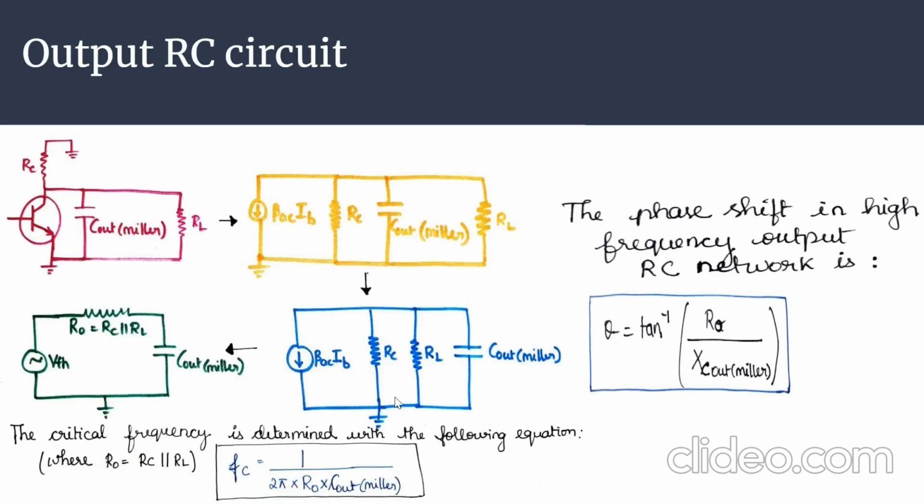This circuit is further simplified using Thevenin's theorem, where the output resistance is RC parallel with RL and the output capacitance is C out Miller. Using this, we can obtain the critical frequency, that is 1 by 2 pi into R naught into C out Miller. Further, the phase shift in the high frequency output RC network is given by theta equals tan inverse of the total output resistance divided by the reactance of C out Miller.